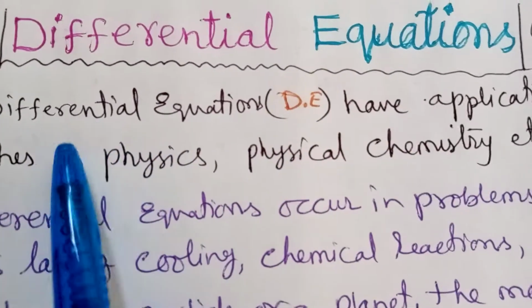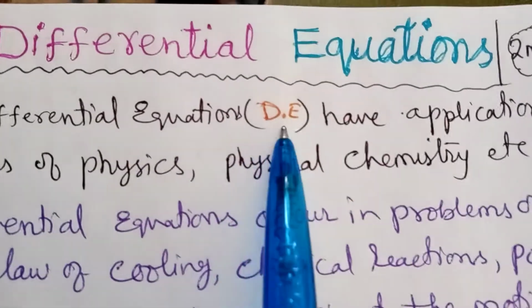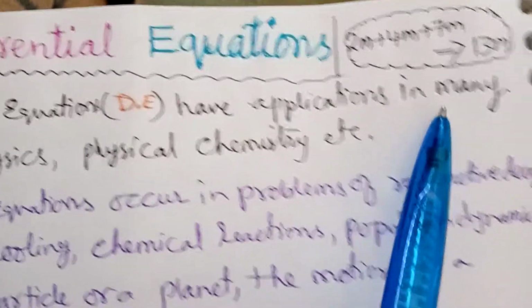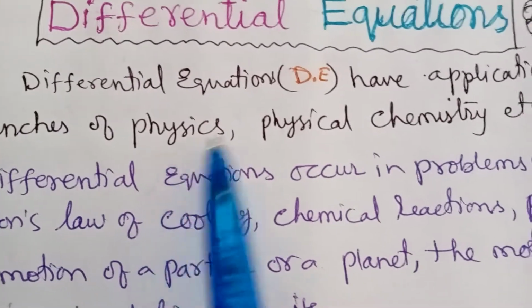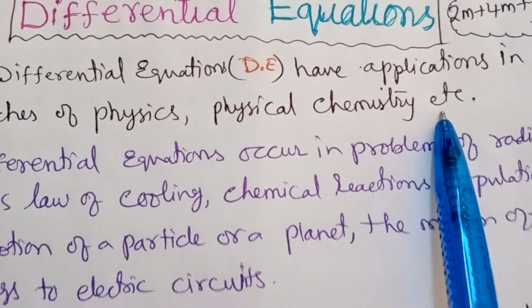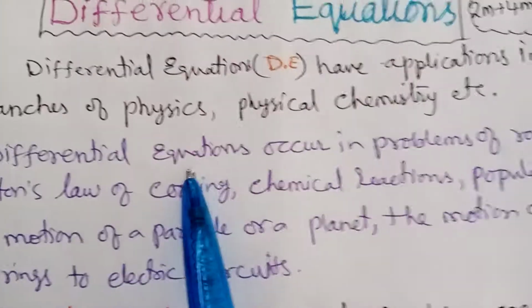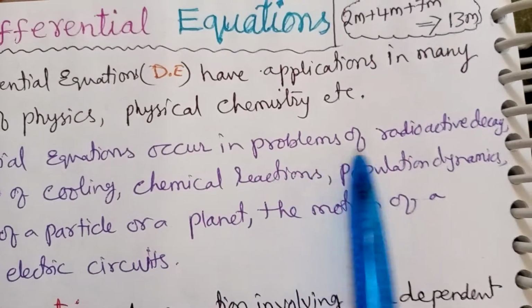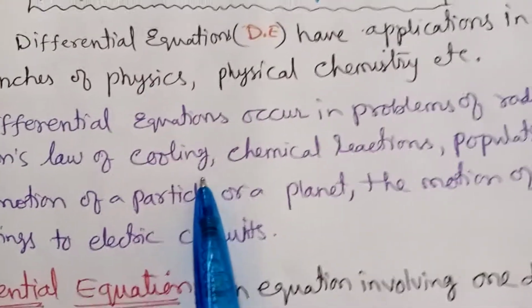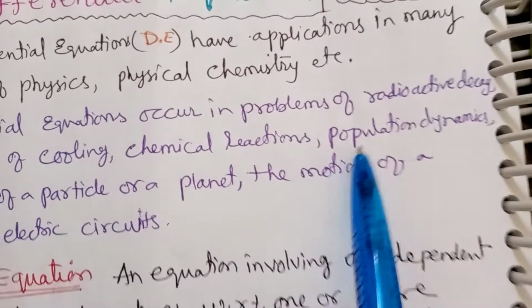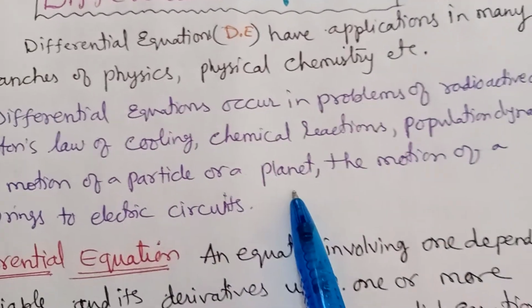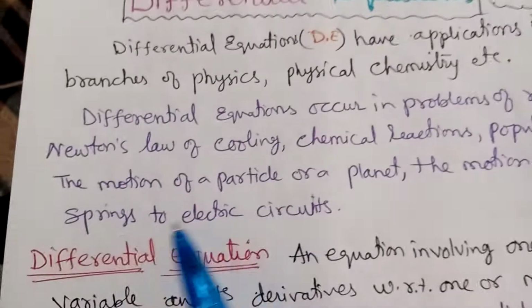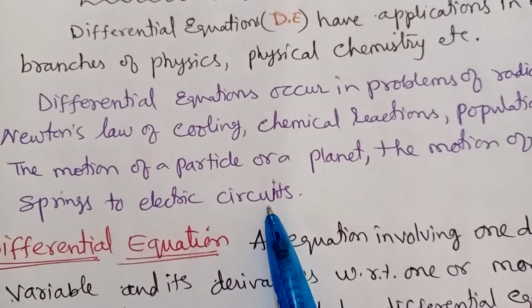So first of all, differential equation, short form DE, has many applications in many branches of physics, physical chemistry, etc. Differential equations occur in problems of radioactive decay, Newton's law of cooling, chemical reactions, population dynamics, the motion of a particle or a planet, or the motion of springs to electric circuits.